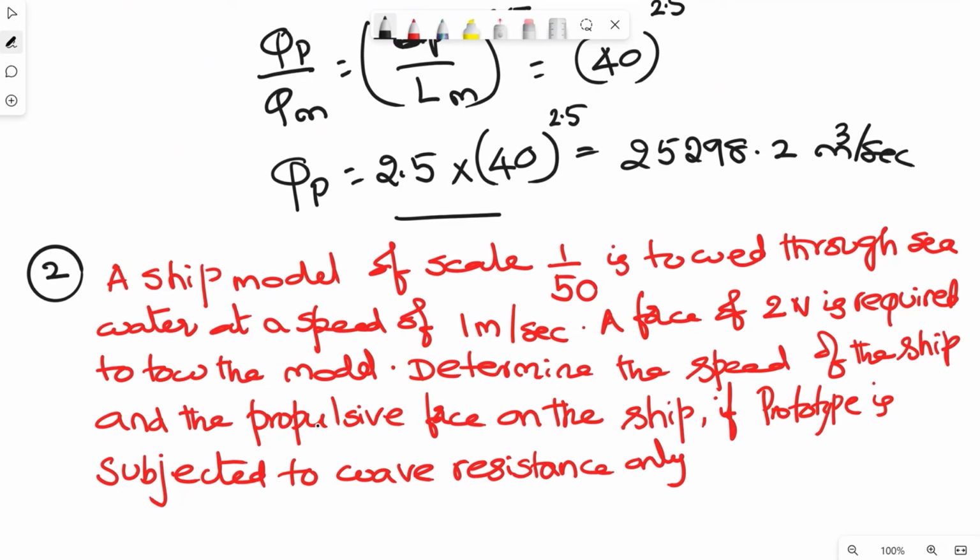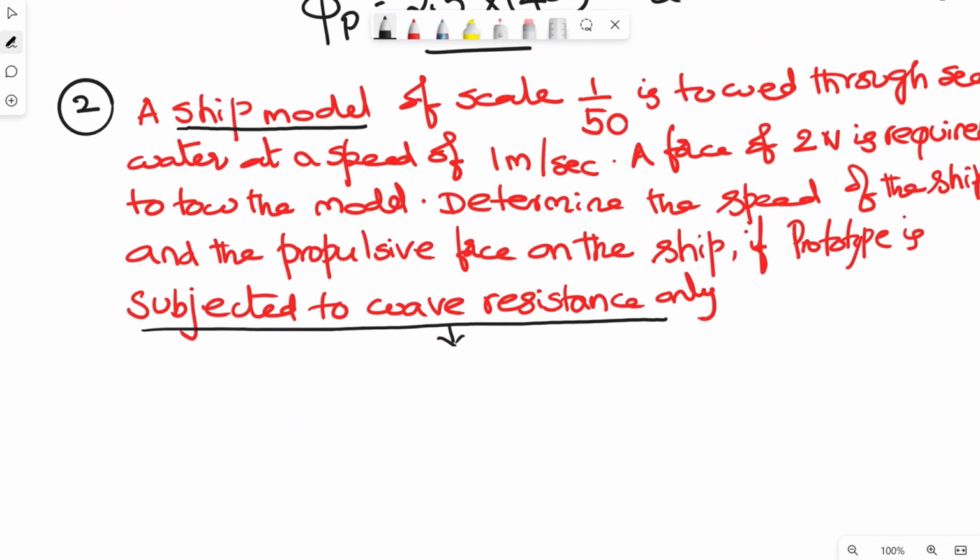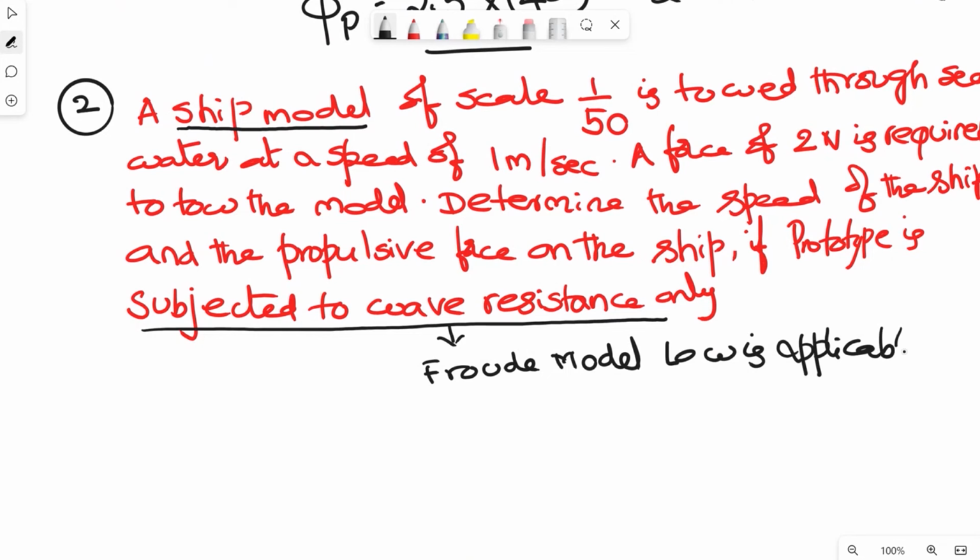Again, read the problem. First, the thing is a ship model. The last one is subjected to wave resistance. The moment I see this wave resistance, immediately we conclude Froude model law is applicable. This is the first conclusion.